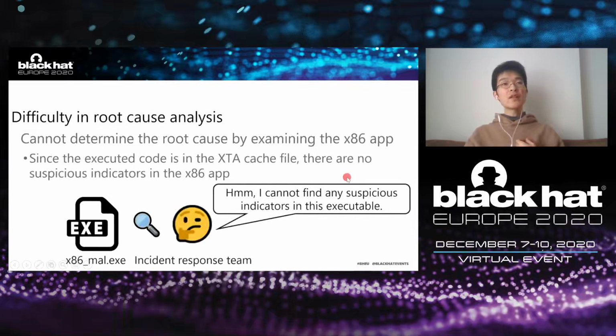And this technique makes root cause analysis difficult, so we cannot determine the root cause by simply examining the x86 application. Let's consider a simple example: the case where an x86 malware shows malicious activities, and these activities are saved as a log file.